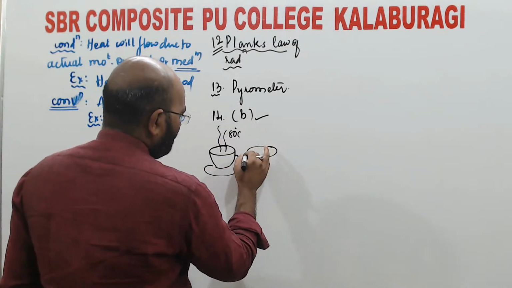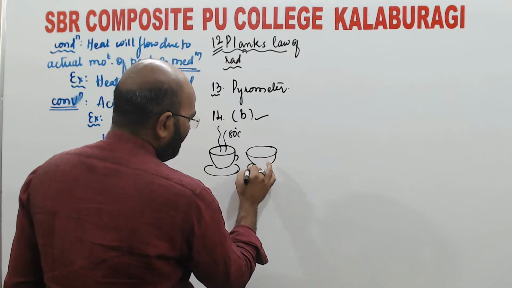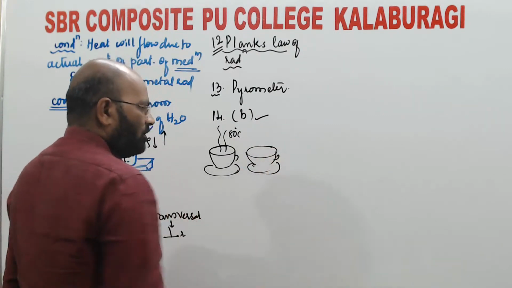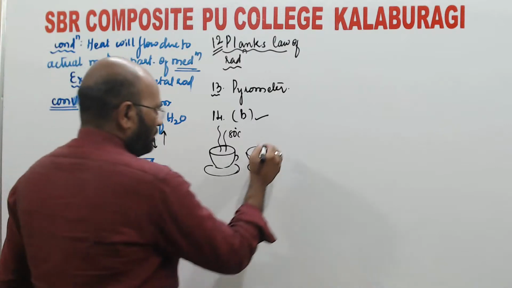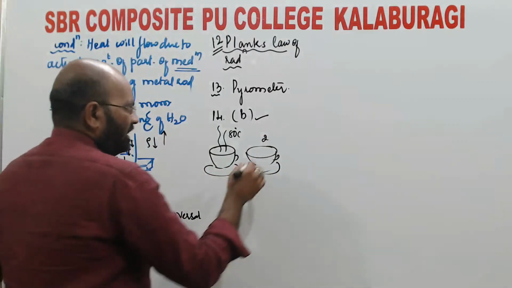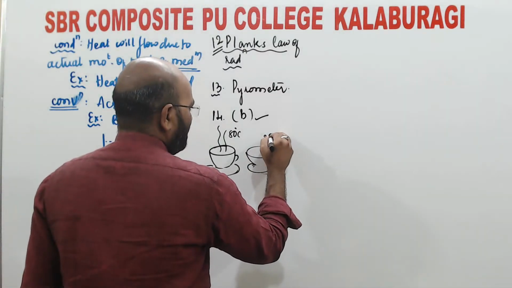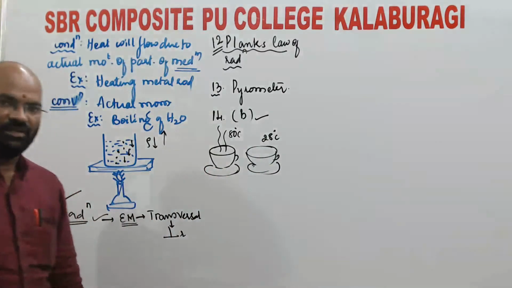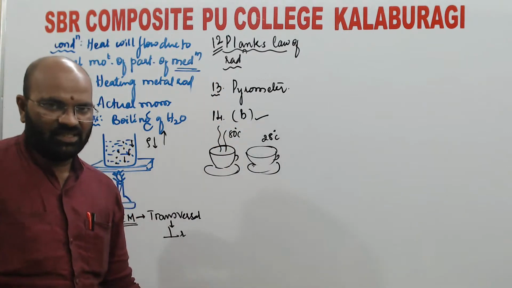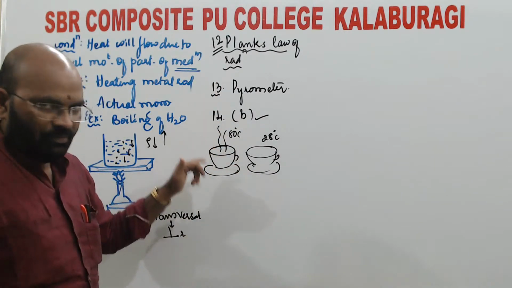If I keep a cold tea around it, its temperature is almost room temperature. Nowadays the room temperature in Kalburgi is about 28 degrees Celsius. Now the temperature will automatically decrease and maintain itself.